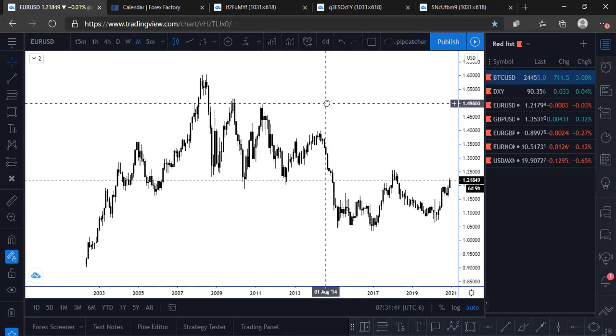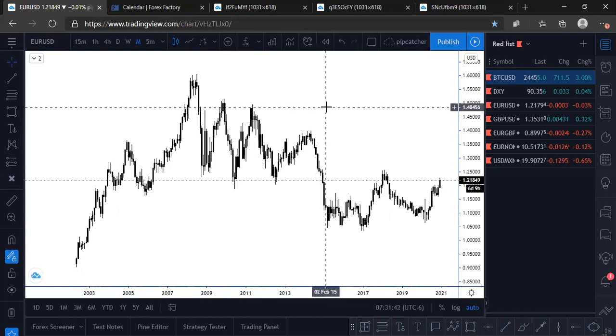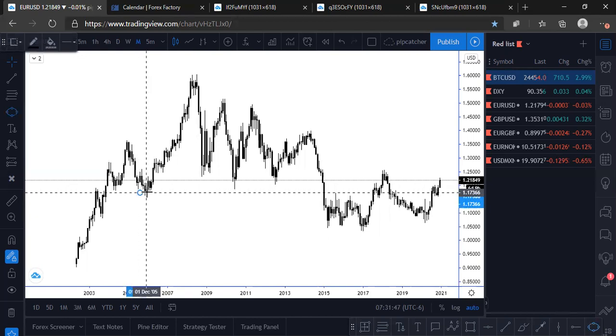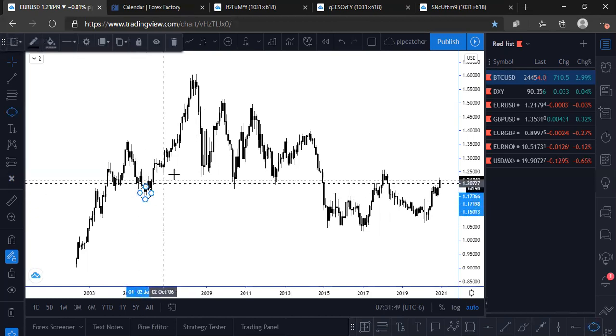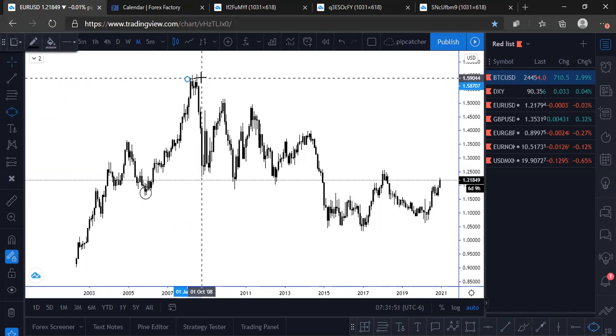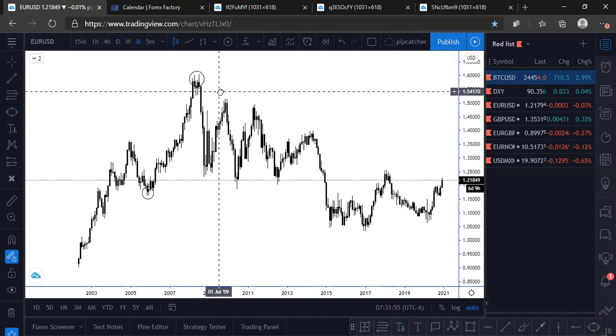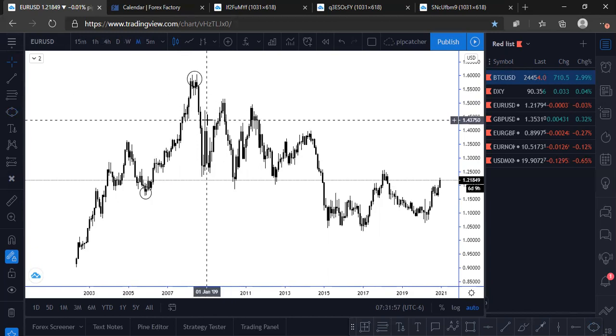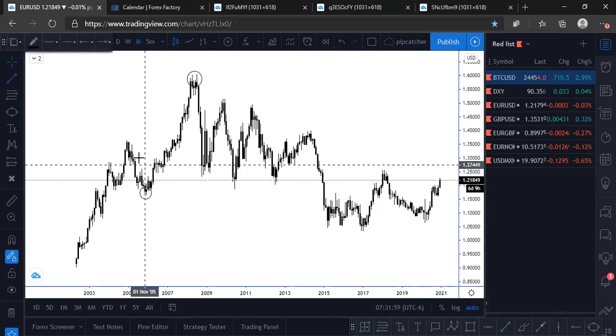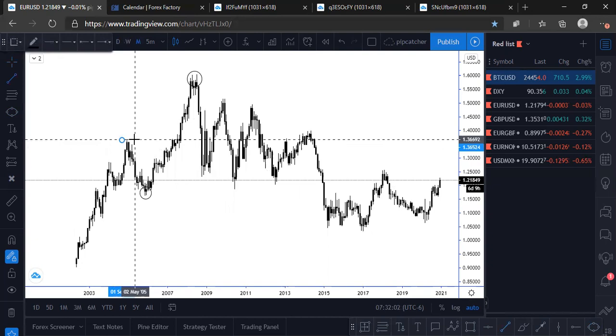For a perfect example of this, you see how we have this low here to this high. We could say that is a major swing point, because we broke structure right here.